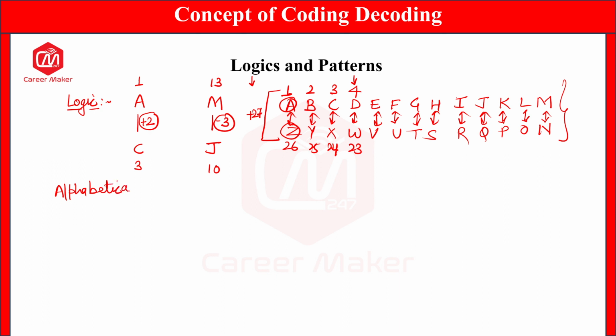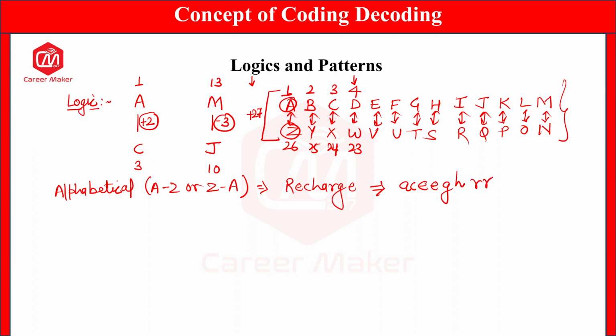And followed by that, obviously letters can be given to you in alphabetical order. Sometimes in that logic you'll get alphabetical order, might be A to Z or Z to A. For example, let's suppose I'm writing here recharge. If they write the code of recharge like this, A, C, E, E, G, H, R, R, that's called letters arranged in alphabetical order.